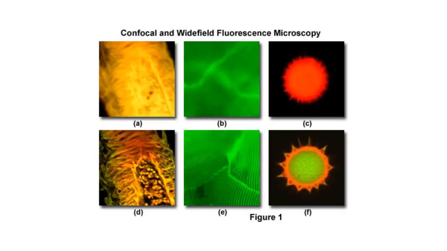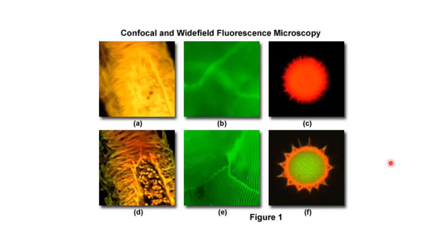This image shows a comparison of different specimens when taken from a regular fluorescence microscope and a confocal microscope. If you compare the panels shown on the top with the panels at the bottom, you can clearly see the difference in the details which could be obtained by using a confocal microscope.